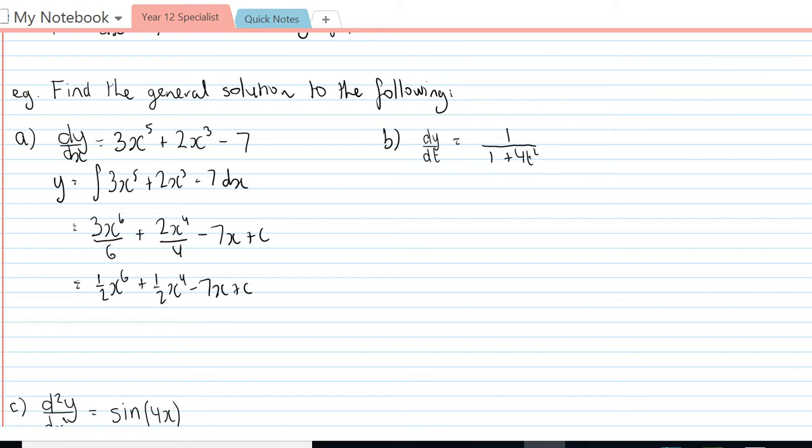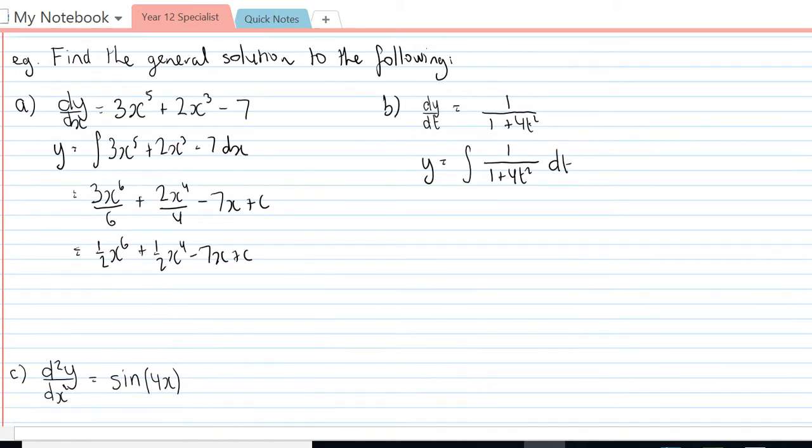If I go on to the next one, in this equation we've got dy dt, so it's just a slightly different variable there. So y is equal to the antiderivative of 1 over 1 plus 4t squared dt.